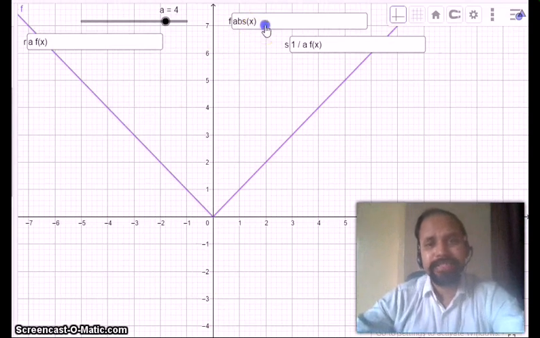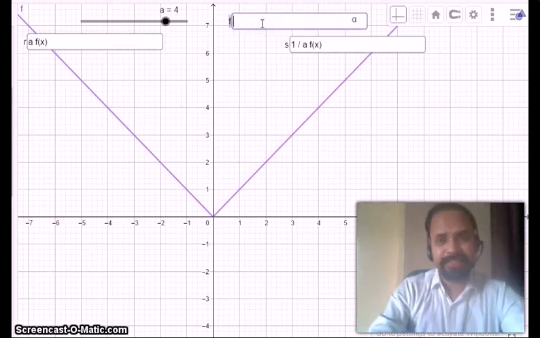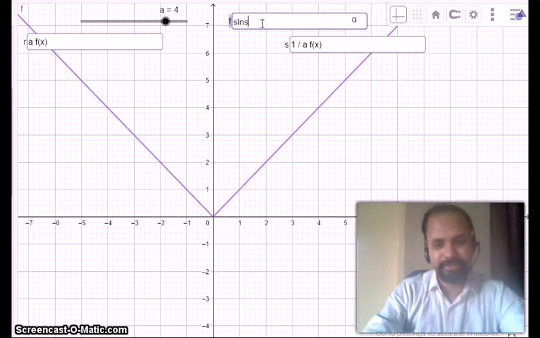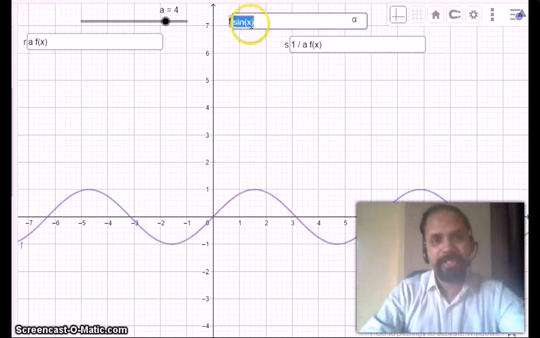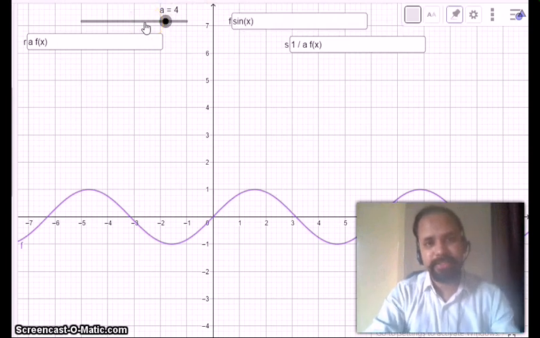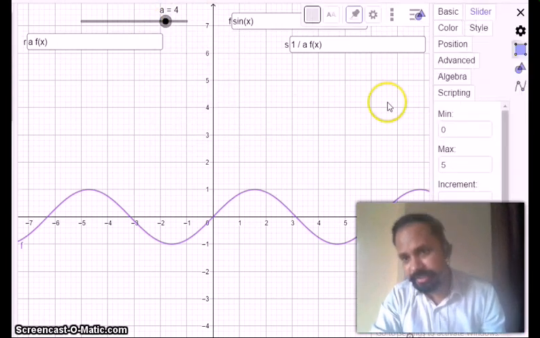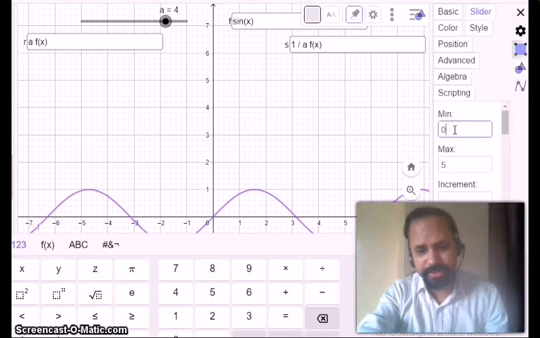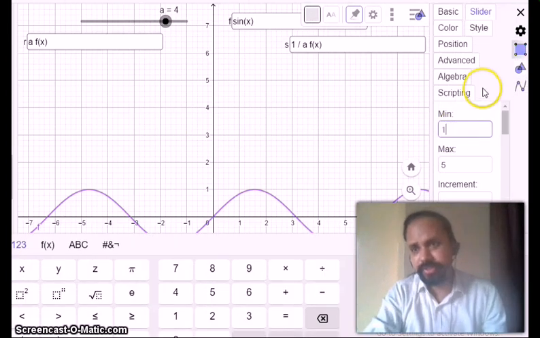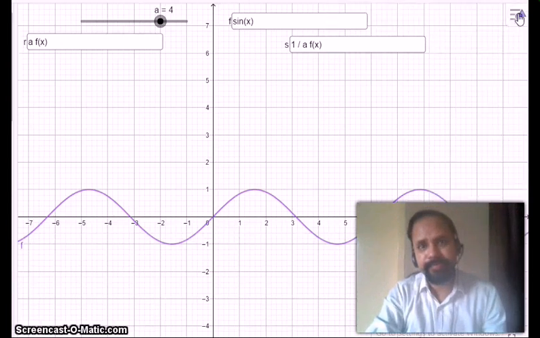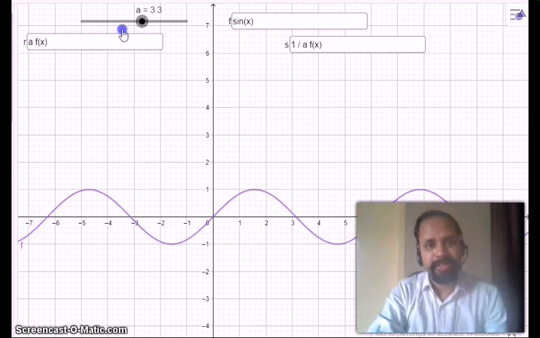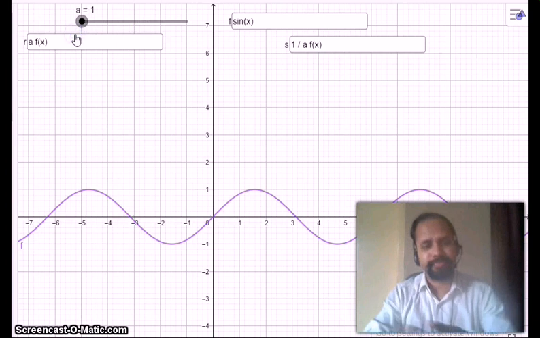Let us consider that it is sin x, and in this one a must be greater than 1. Its minimum value is 1.